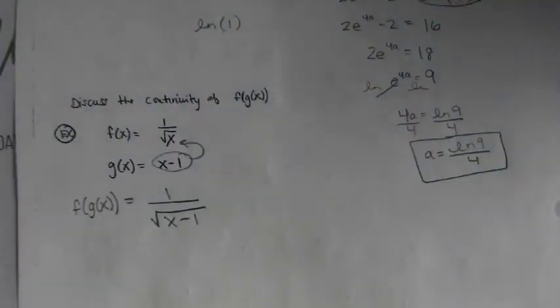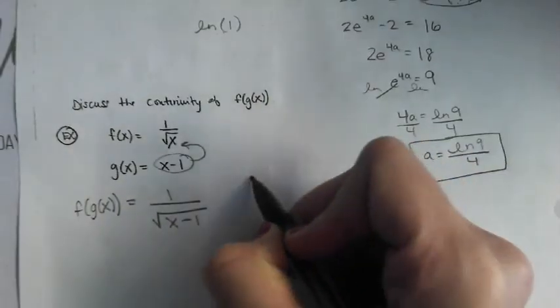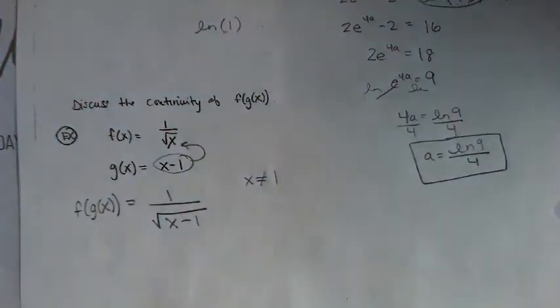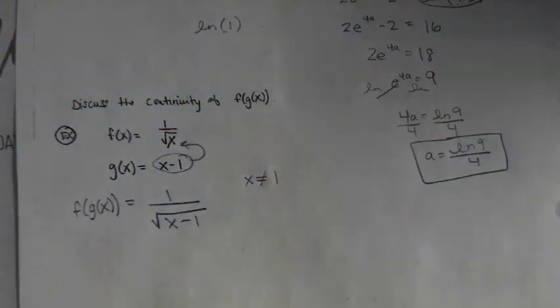So there's two things here that would cause a problem. A denominator of 0. What x value would make the denominator 0? 1. So x cannot equal 1. And the radical, because you can't take the square root of a negative.